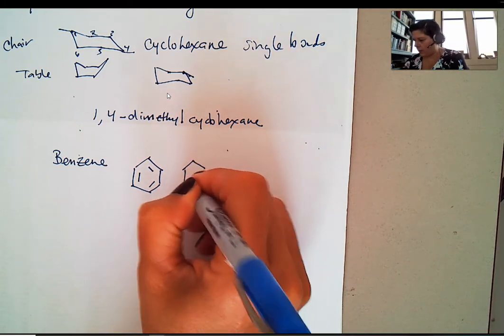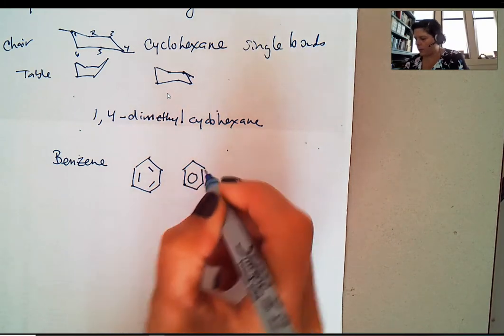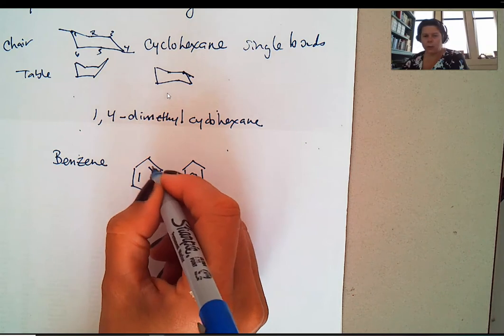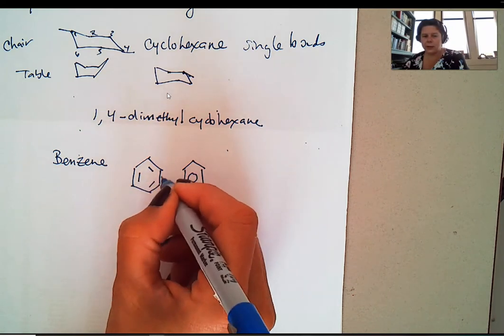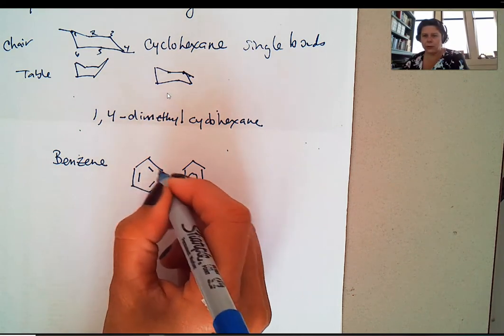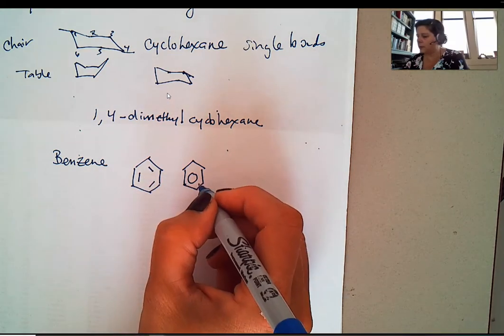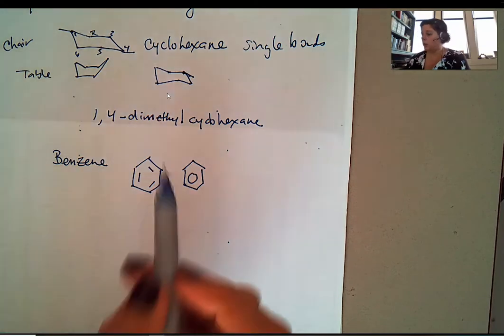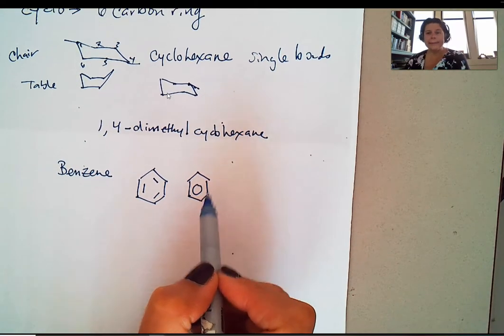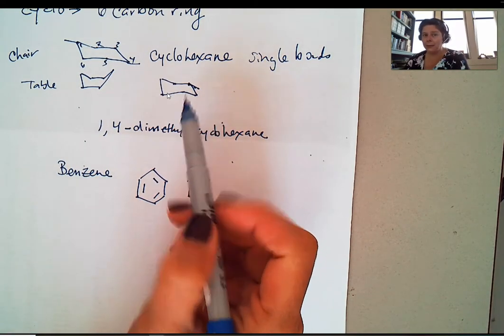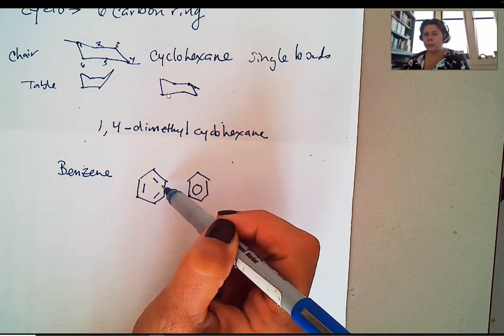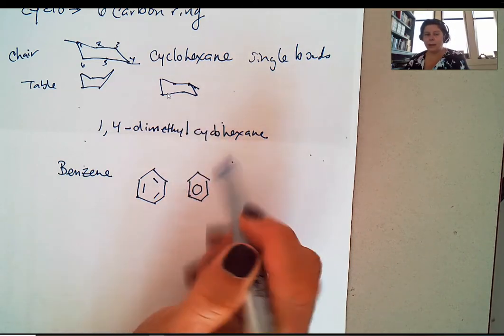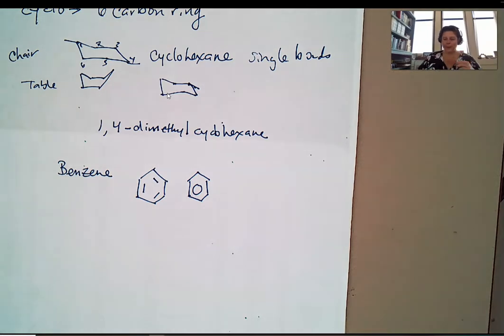Or we draw it this way, with the circle, because it doesn't matter where you draw the double bonds. There's actually kind of a circle of electrons that flow around the outside. These two things are not the same, and this is really important. If you don't put the circle in the middle, then you're actually saying cyclohexane, or you have to draw the single bond, double bond. Keep this in mind, because this is something students forget about.